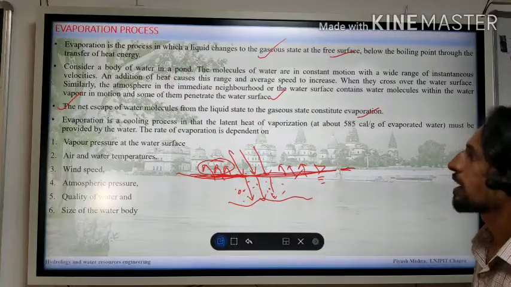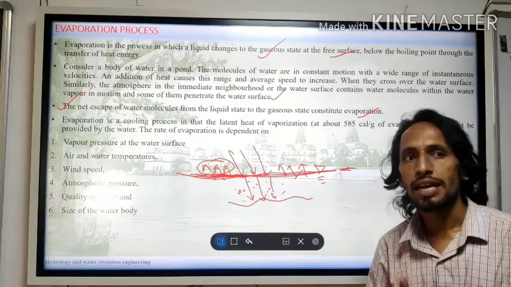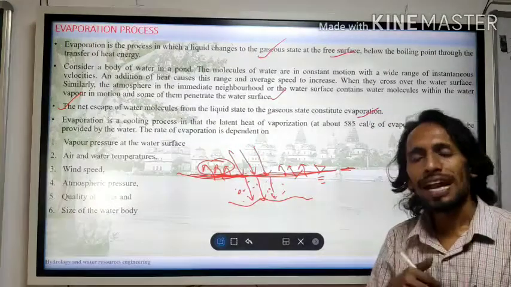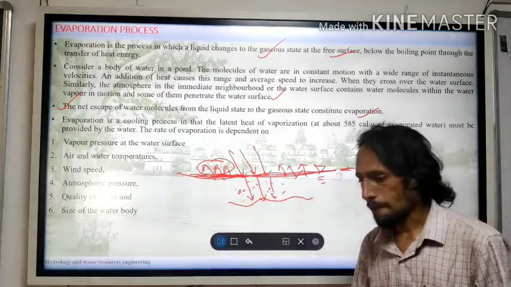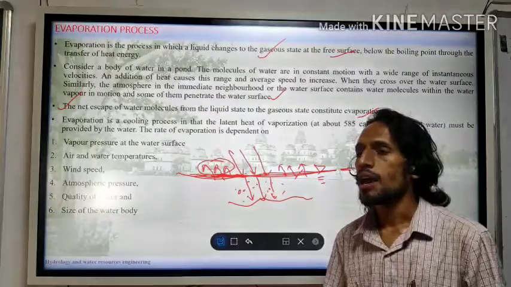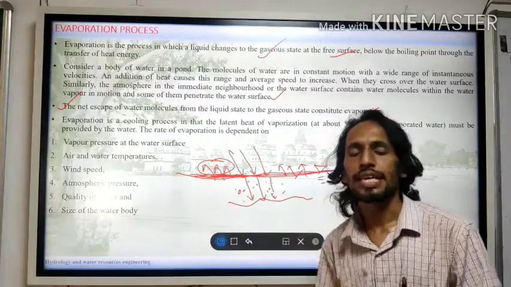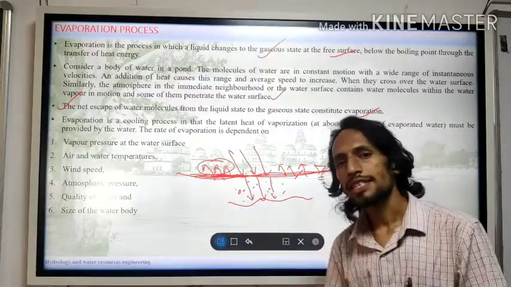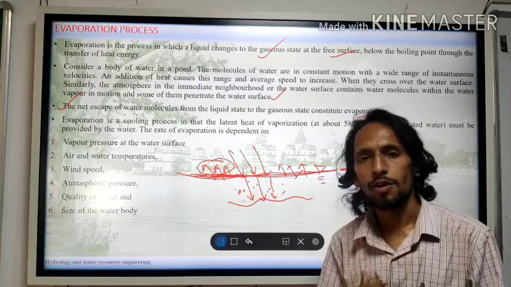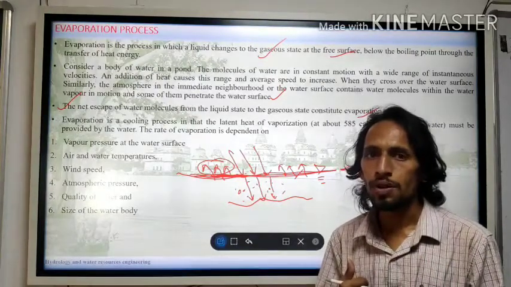What is the third point? That evaporation is basically a cooling process. Why is it a cooling process? You can think of it like this. When there is summer season and you are in the sunlight, your body gets heated, and to cool your body, what does your body do?